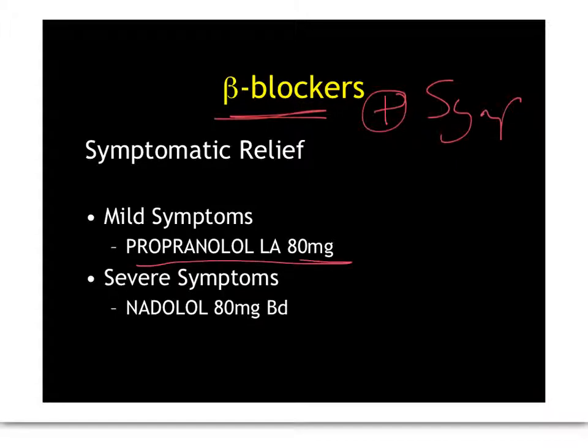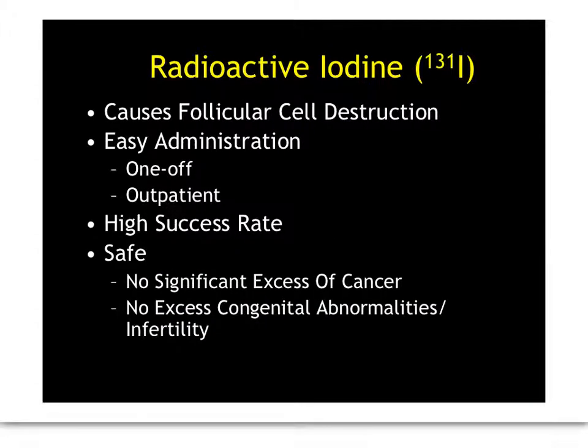The beta blocker of choice that we use most, propranolol LA, single dose once a day. So if you're on a single daily dose of carbimazole and a single daily dose of propranolol, it makes for a treatment plan that most people find they can comply with very nicely.